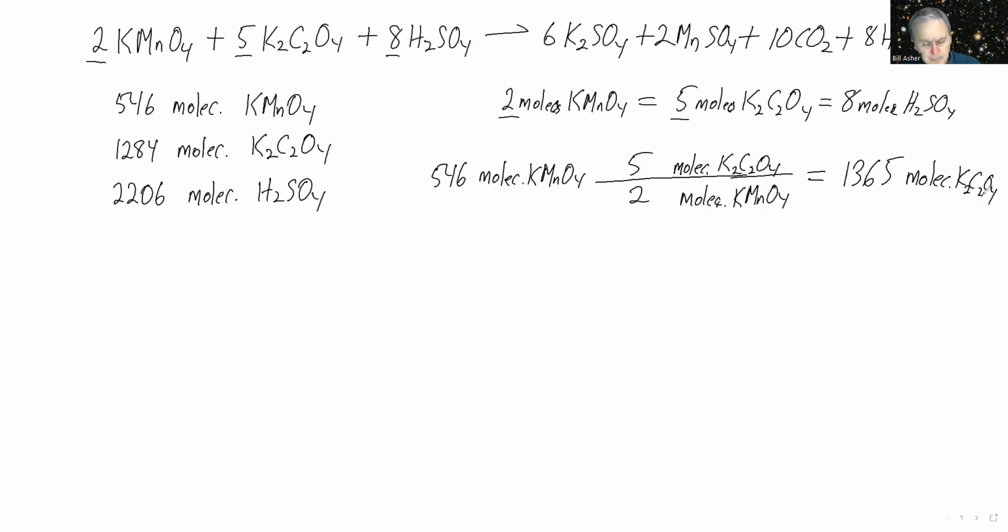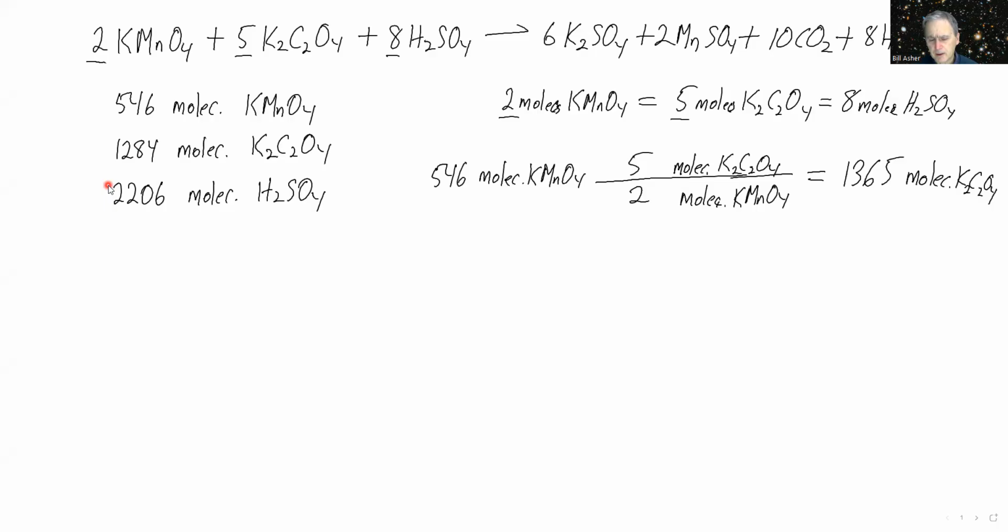What that means is that there isn't enough K2C2O4 to completely react all the KMnO4, which means that K2C2O4 is limiting. I need 1,365, but I only have 1,284, which means that not all of this can react because I don't have enough K2C2O4.